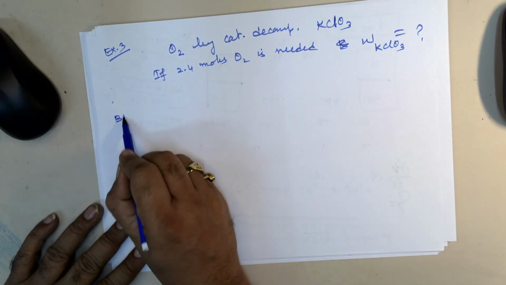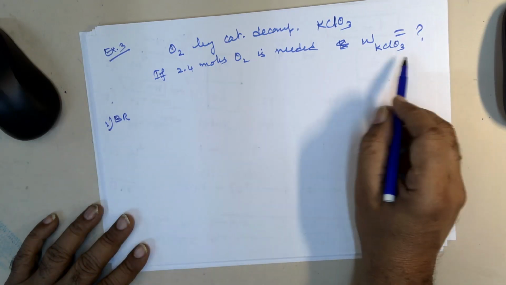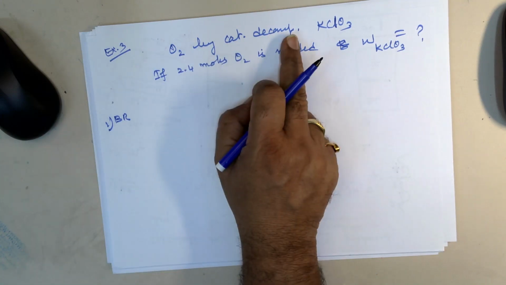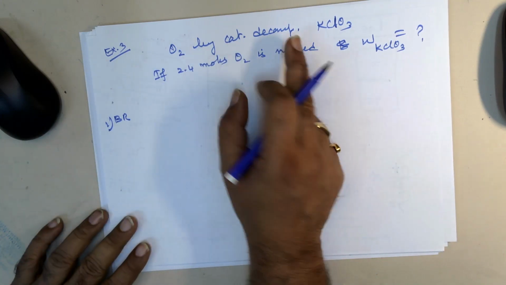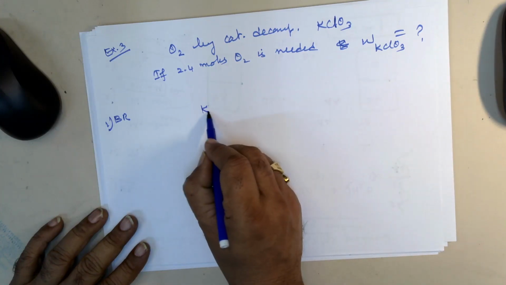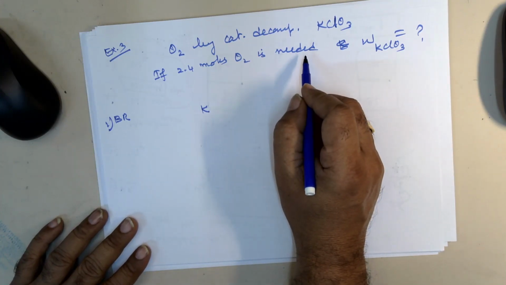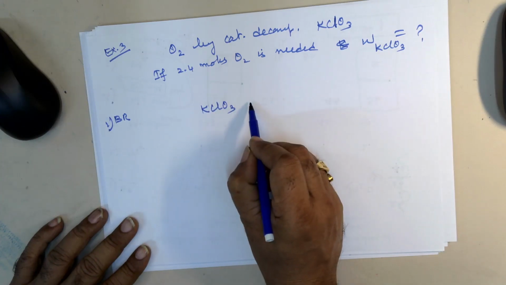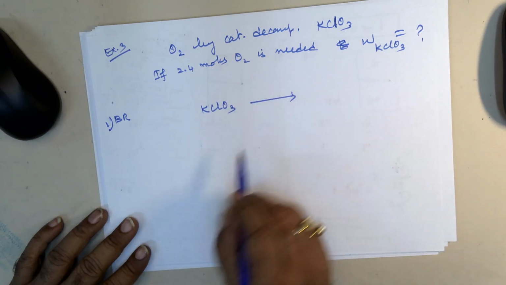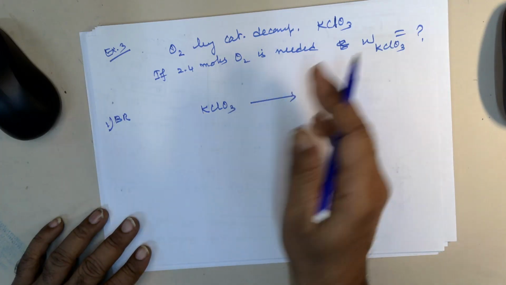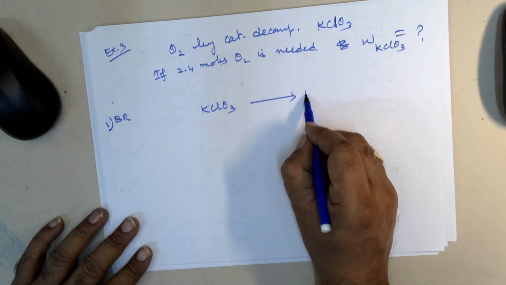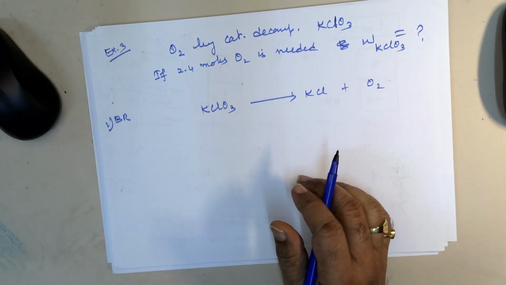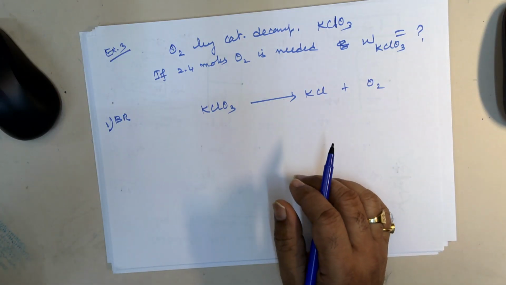See, first we have to write down the reaction. What is the reaction? That is, oxygen is produced by catalytic decomposition. Okay. So it means when you take KClO3, that is potassium chlorate, and when it is decomposed catalytically, it means KCl and oxygen are produced.